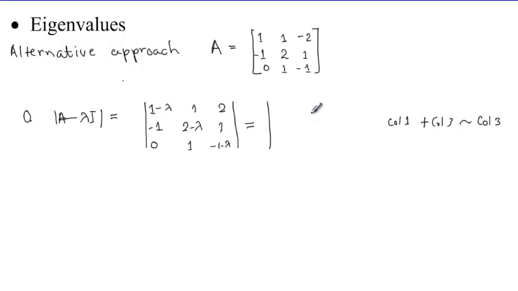So what we're going to have here, we take column 1, we add it to column 3, which is this one. And then what we're going to get here, let's first of all copy column 1.